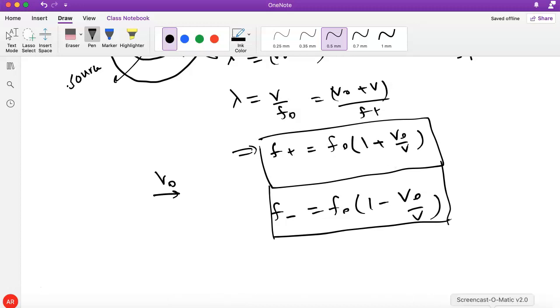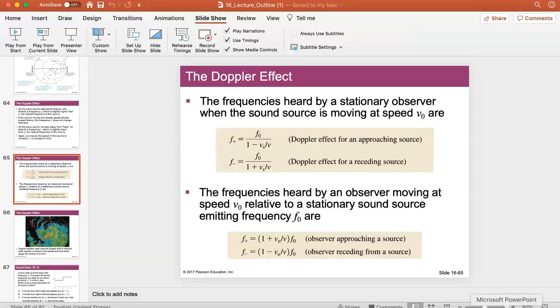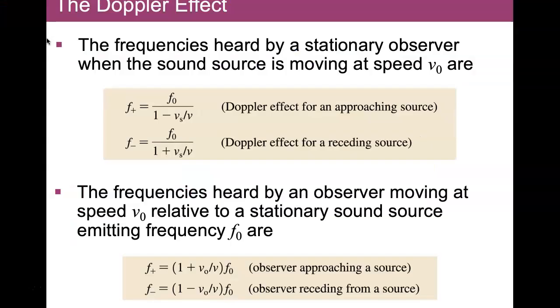So these are important relationships for the Doppler effect, especially with regards to sound.